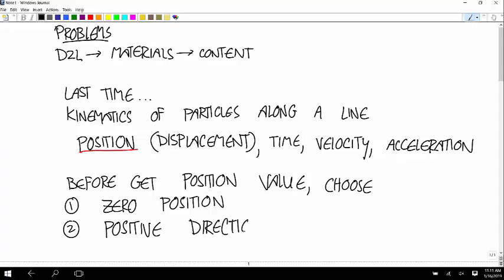Now, a lot of times in this class, I mean, maybe every time, we don't just want isolated values for position. We want relationships between position and time.